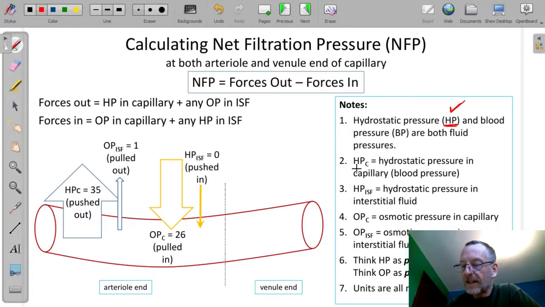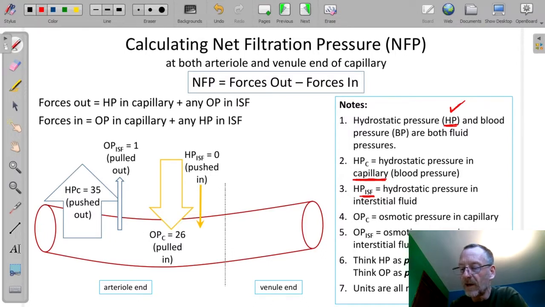And we have hydrostatic pressure in the capillary. That's our blood pressure. And we also may have hydrostatic pressure in the interstitial fluid, which we'll just abbreviate as HP sub ISF. And this is the fluid that if it builds up, we wind up with swelling, edema.